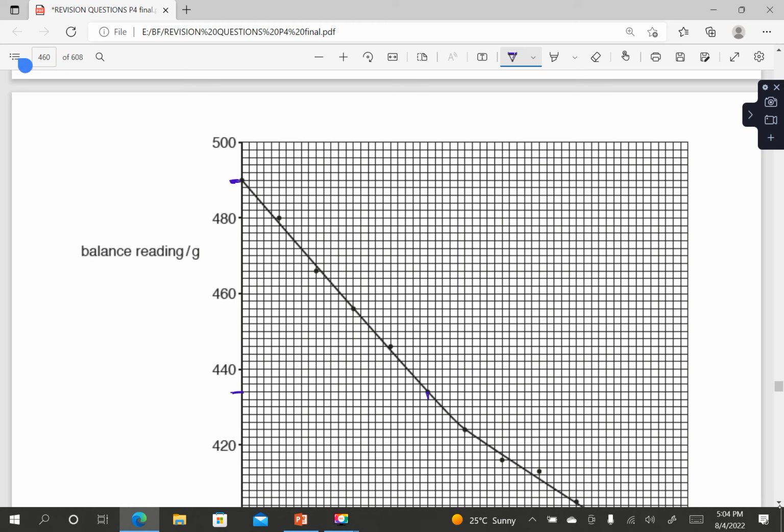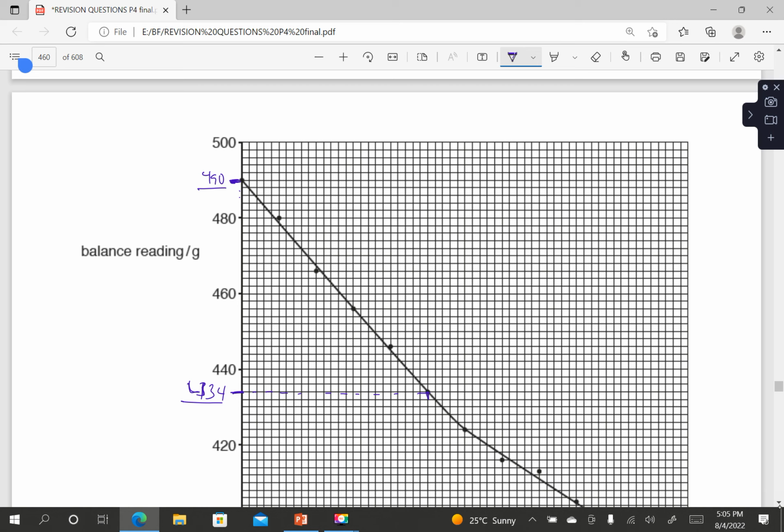So this must be 490. And this is 3 times 2, 6, so 440 minus 6 is 434. The change in mass between t equals 0 and t equals 10 is 490 minus 434, which is 56 as given.